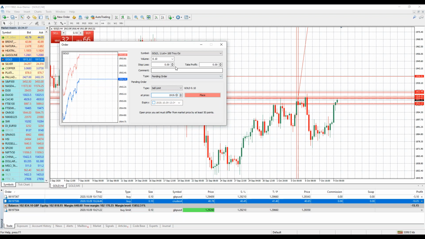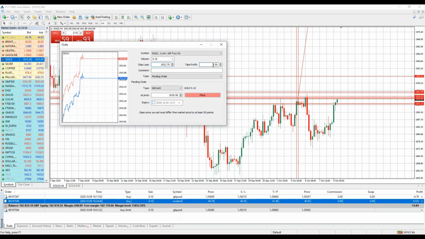Sell limit with the stop loss up at 1922 maybe, above that resistance that we just drew. 1922, let's say even 50 or 75, just to make sure we're past the resistance before we give up on a sell.